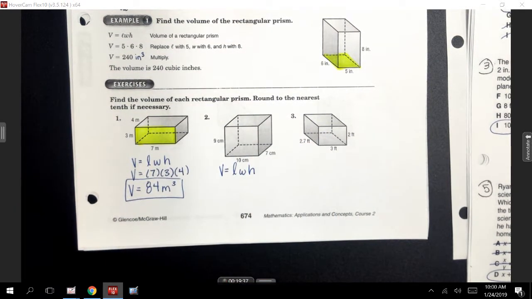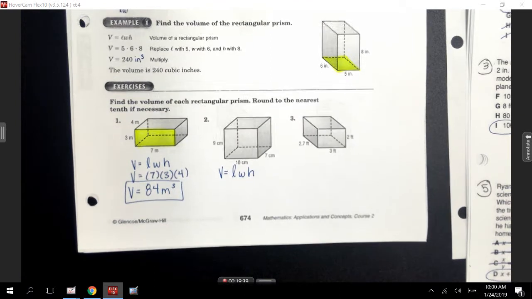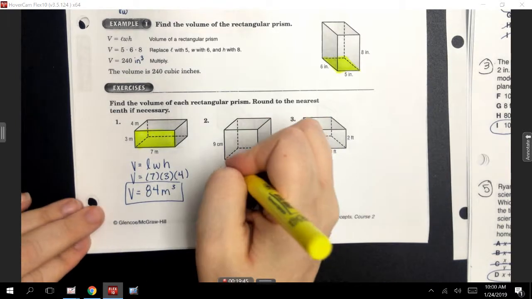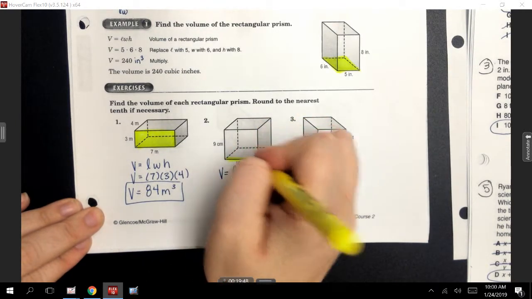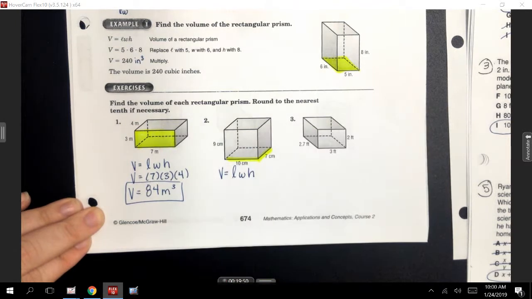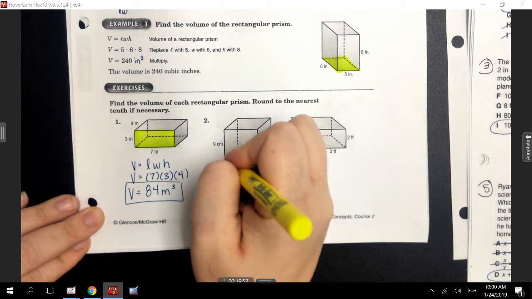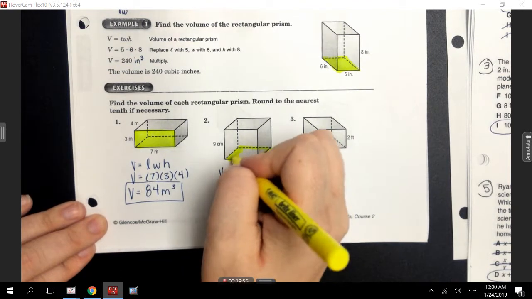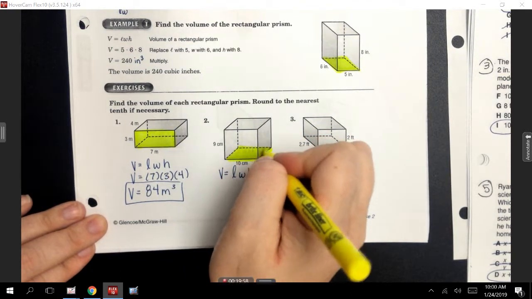All right, Malachi, on number 2, what numbers are going to be our length and our width here? 10 and 7, because those two create the bottom. Do y'all agree with that? Do 10 and 7 make a square or a rectangle? A rectangle. So I'm going to color in that bottom since that's the shape that I'm using.